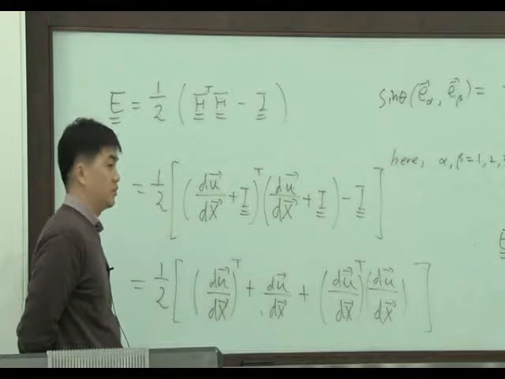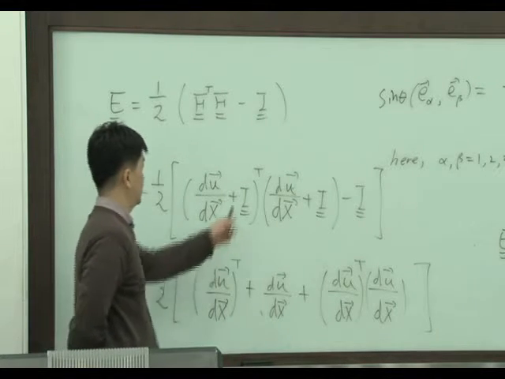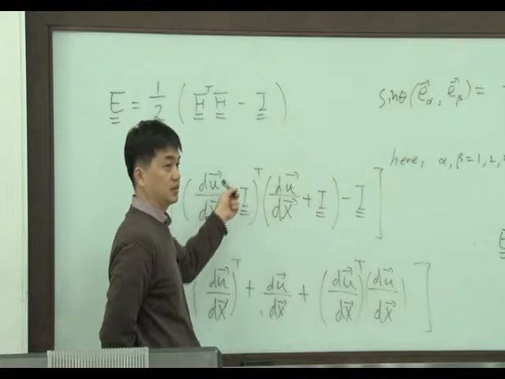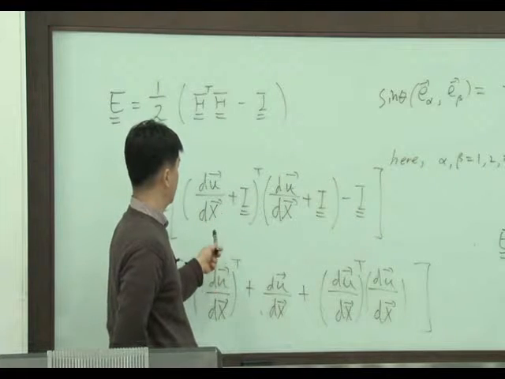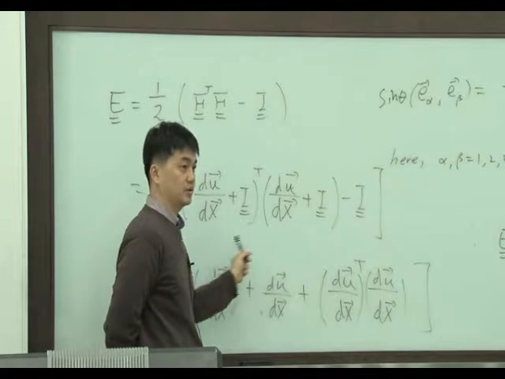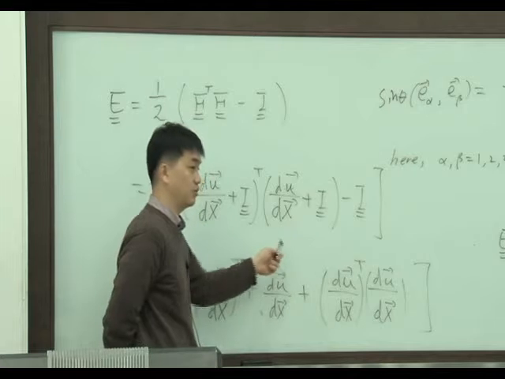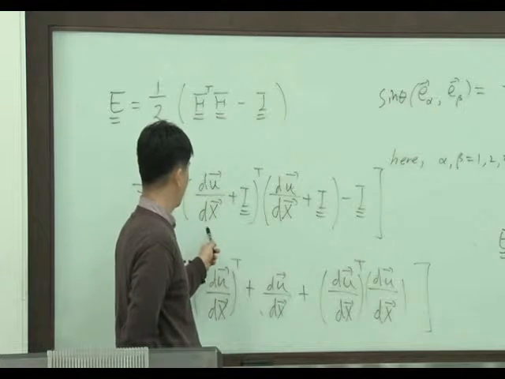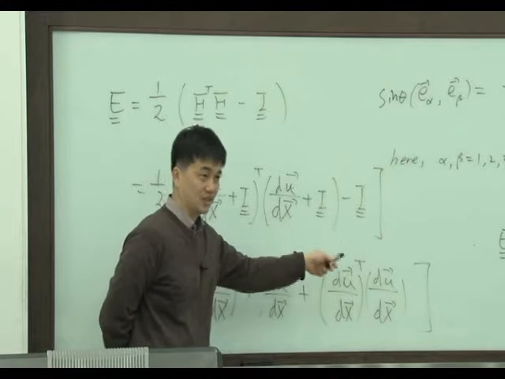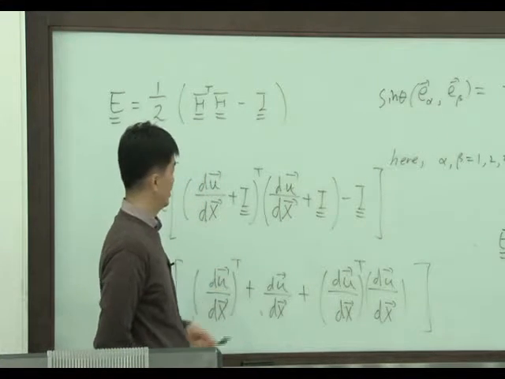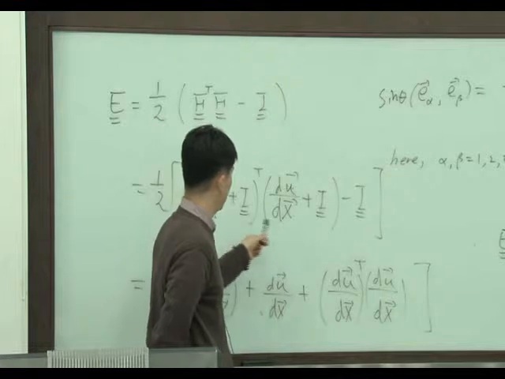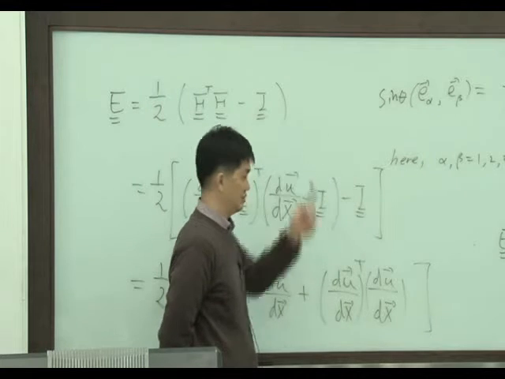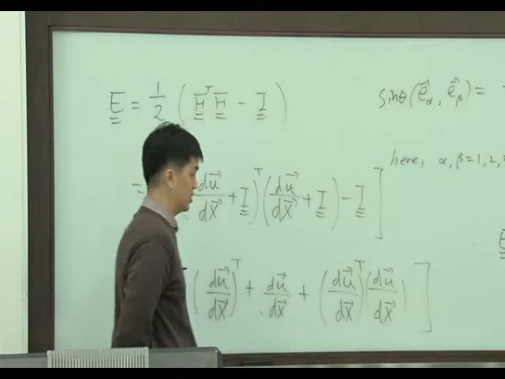Okay, so this transpose can go inside of this bracket. And then we have two terms here. So if we multiply this term and this term, we can have four terms, right? You can think this is a bracket A plus B, bracket C plus D, something like this. And here I multiplied by I, and it is subtracted by I. So we have only three terms. Looks like this.